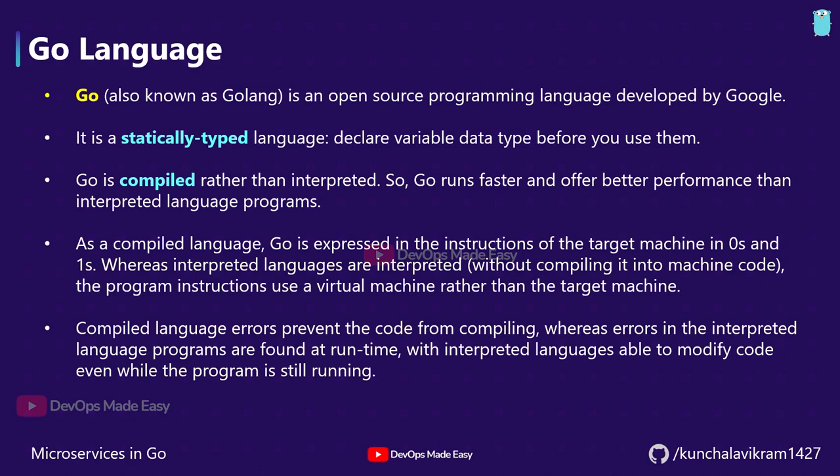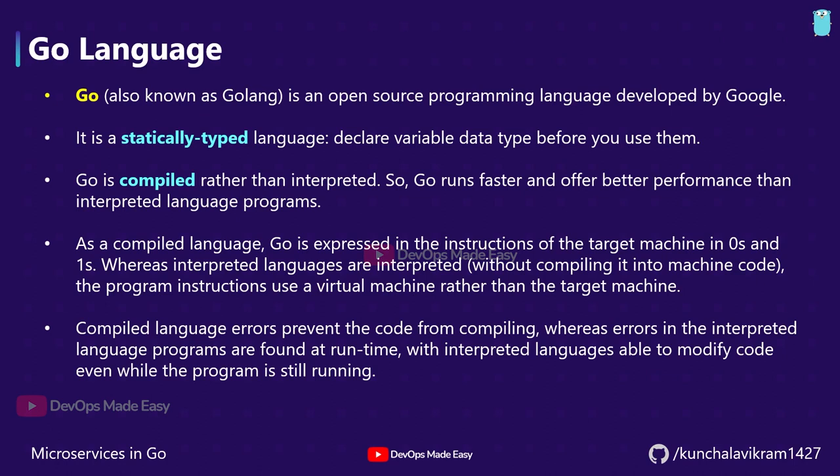And Go is compiled rather than interpreted. That means we need to compile the source code into a target machine's binary code. That means if you are running the Go code in Linux machines, it is compiled to a binary that can be executed in that Linux machine. So it is different from interpreter based languages where compilation will not happen, but the program instructions are executed inside a virtual machine rather than the target machine.